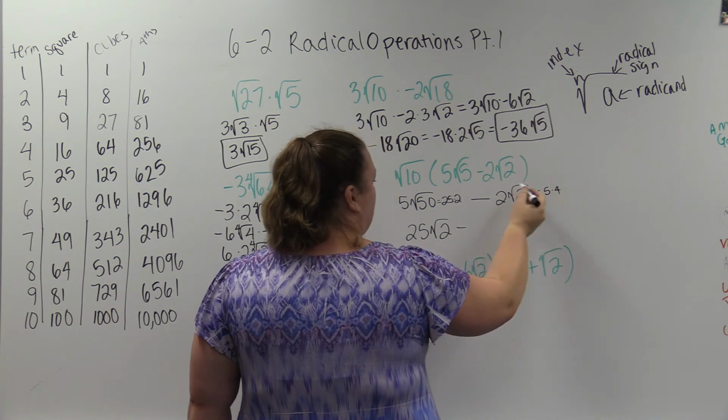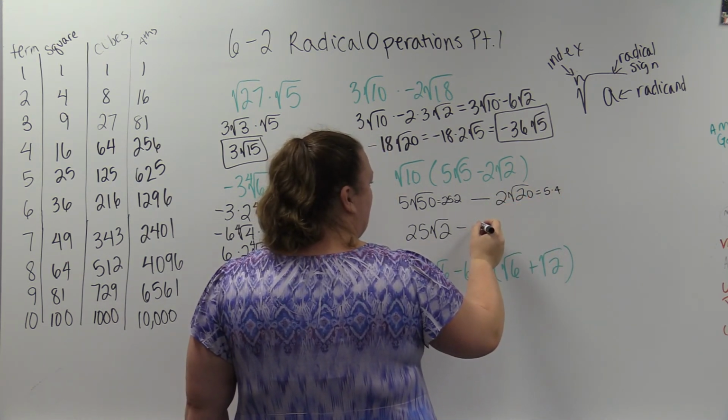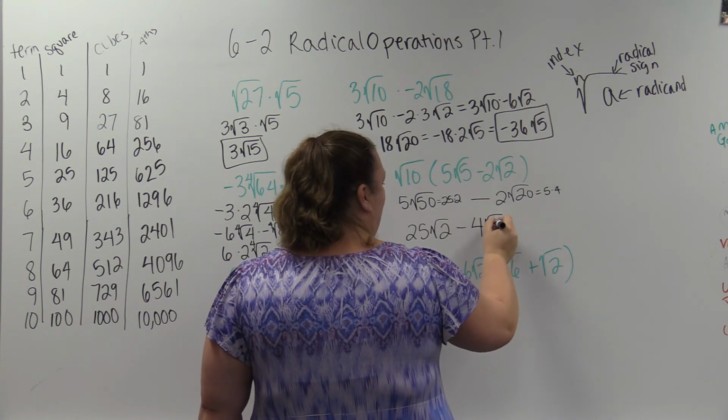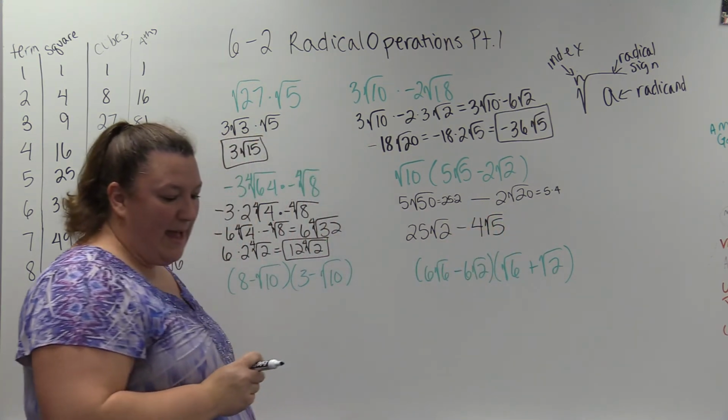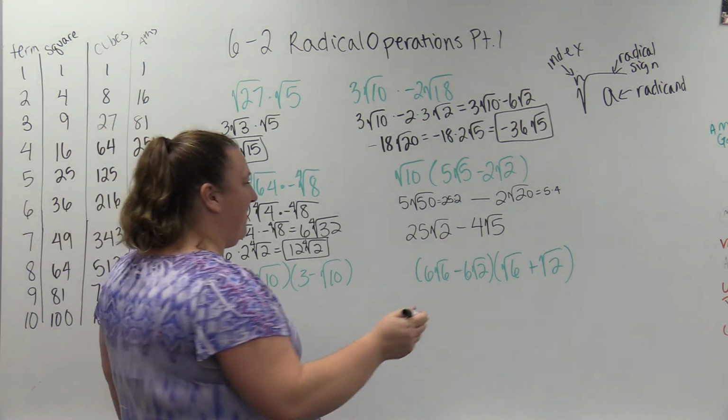The square root of 4 is 2, times 2 is 4. Wow, sorry. Square roots of 5. And I cannot combine these, so this is my final answer.